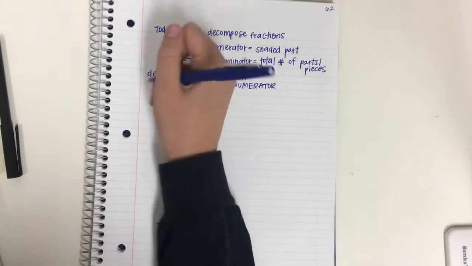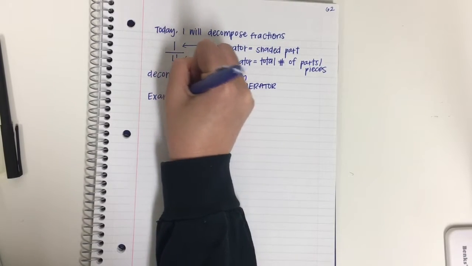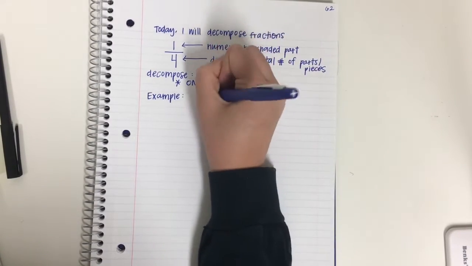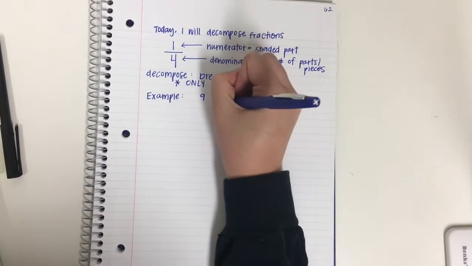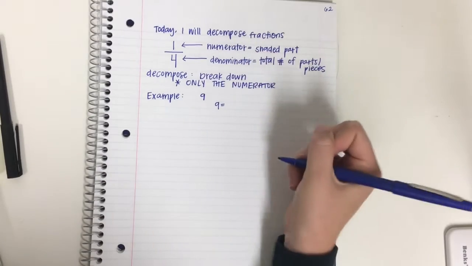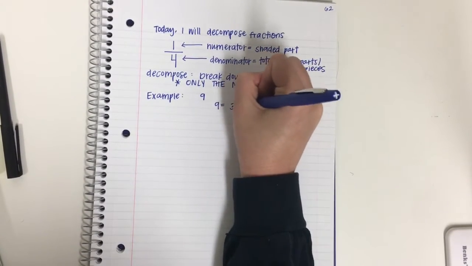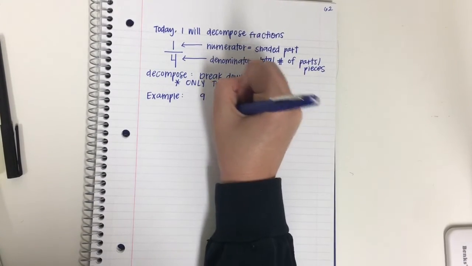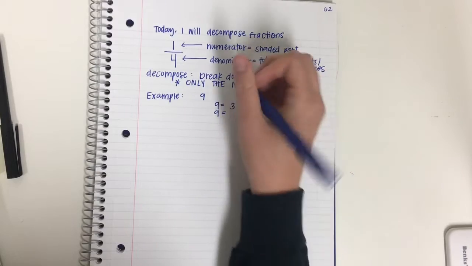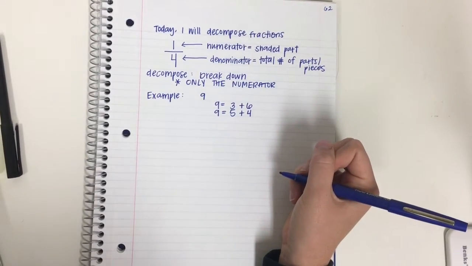Okay, but let's look really quick. Let's review with just whole numbers, not fractions. So let's say we have the number 9, and the question says decompose 9. There's a few different ways you can decompose 9. I could do 3 plus 6. That equals 9. I could do 5 plus 4. That's a way to decompose 9.